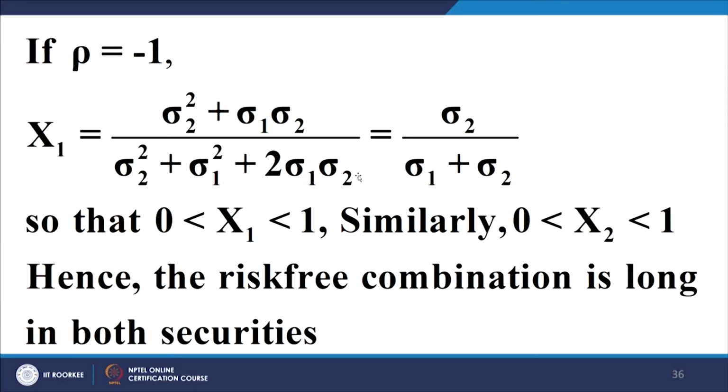Let me repeat, given rho equal to plus or minus 1, if we work out the minimum variance portfolio, it coincides with the risk free portfolio. That is what we are going to establish. So, if rho is equal to minus 1, the minimum variance composition gives us x 1 is equal to sigma 2 upon sigma 1 plus sigma 2, and x 2 is equal to sigma 1 upon sigma 1 plus sigma 2.